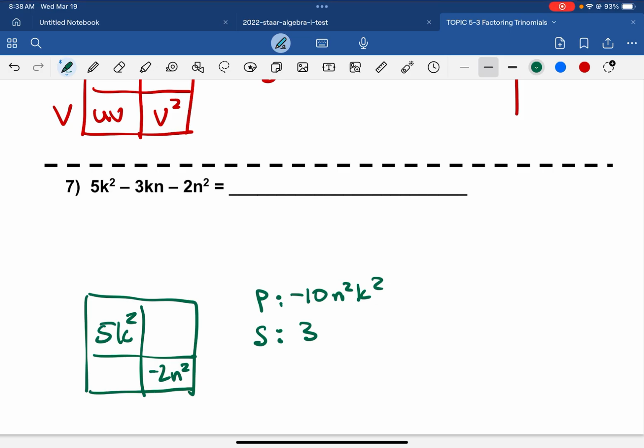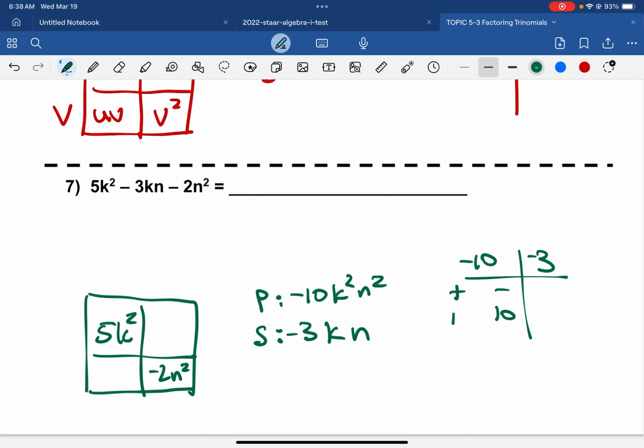It doesn't really matter. We'll do kn. So negative 10 is the product and 3 is the sum. The small number must be negative.